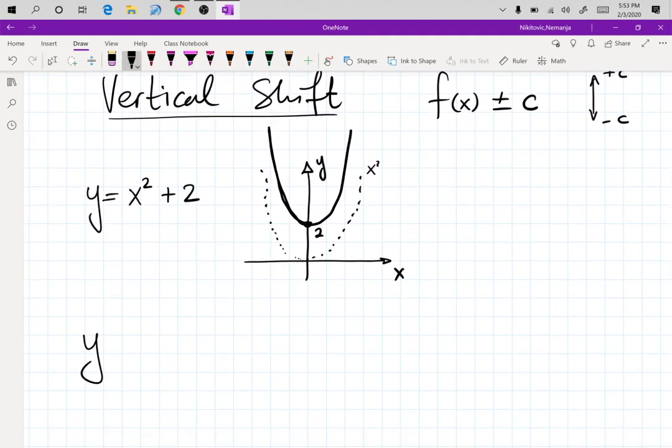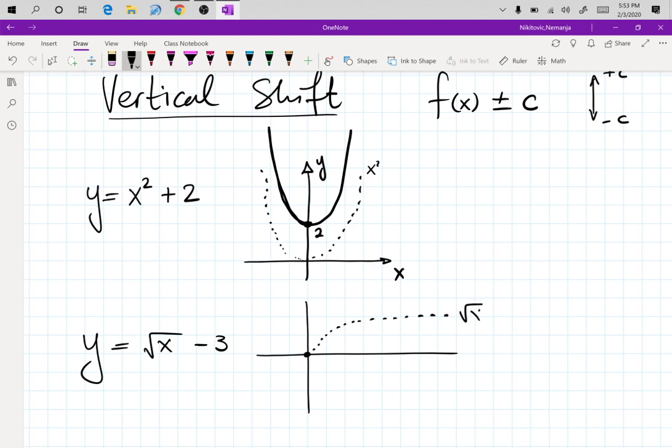Let's say you have y equals square root of x minus 3. You will draw square root of x dotted. That's your square root of x. If you are using 2 colors, go ahead, use 2 colors.